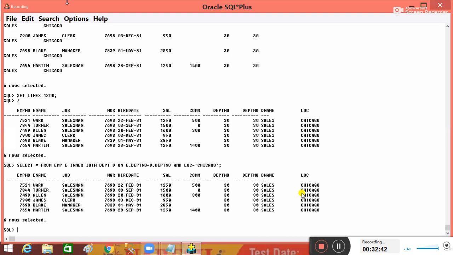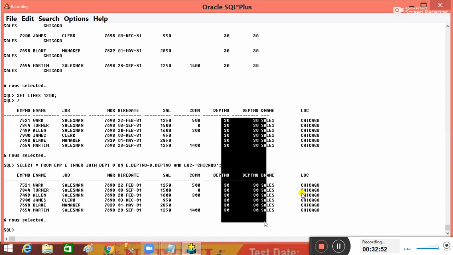Can you see 30, 30, 30, matching data only we retrieve? So equi-join and inner join retrieve matching data from multiple tables. Only matching data we are getting.